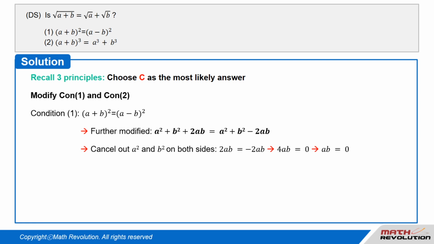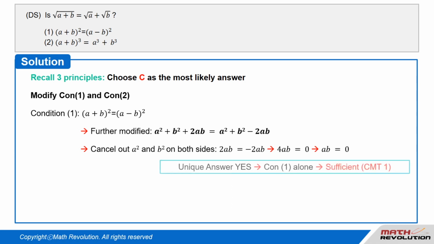Canceling out a squared and b squared on both sides gives us 2 times a times b equals minus 2 times a times b, or 4 times a times b equals 0, or a times b equals 0. Therefore, after modifying condition 1, we get a times b equals 0. The answer is unique, yes, so the condition is sufficient by CMT1, which states that the answer must be in terms of a unique yes or no.